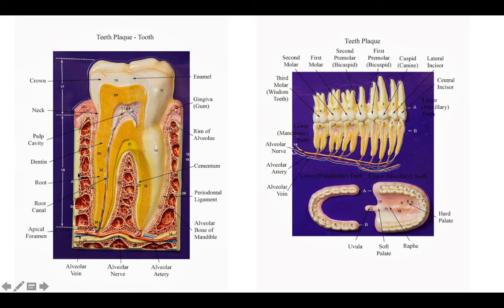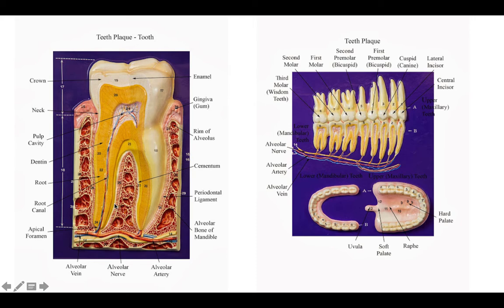The cementum is going to be in white here. So if you look here, the cementum is in white, and that's going to be this little lining right here. And that cementum kind of runs from that little white section, and then it's kind of yellow up here.